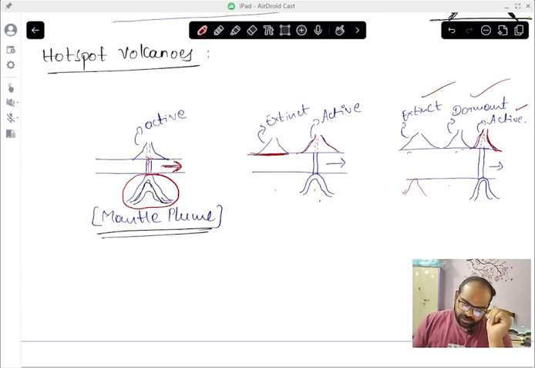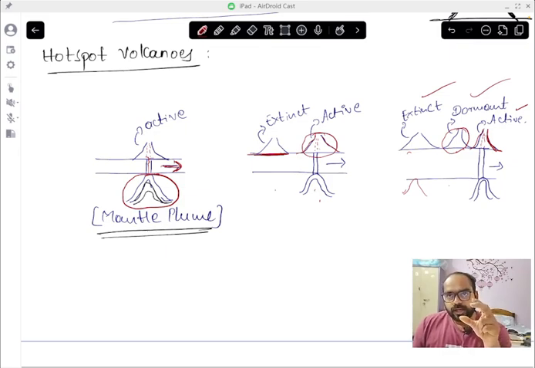So after a certain point of time, in the second diagram, this active volcano became a dormant volcano. So it's not extinct; it's dormant. Sometimes it erupts. It's inactive in nature, but at certain points of time, it will become active. And there will be another volcano on top of this mantle plume, and it is an active volcano because there is continuous supply of magma from this mantle plume, so eruption happens.